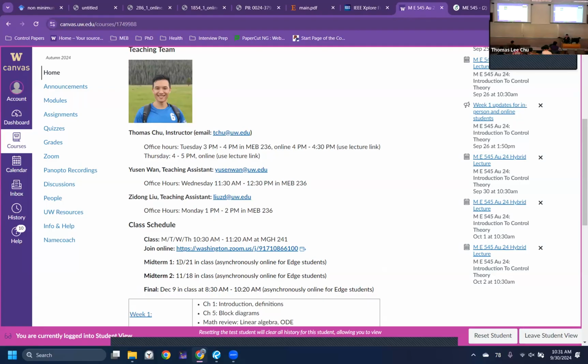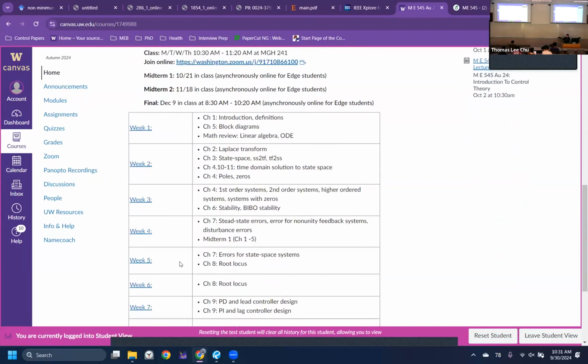They'll be similar in format and content. And if we have time and we're good on schedule, I'll probably spend one class reviewing the midterm material for both of these midterms, probably on the Thursday before the midterm. So the midterms are both on Mondays, but I'll probably spend Thursday reviewing the material.